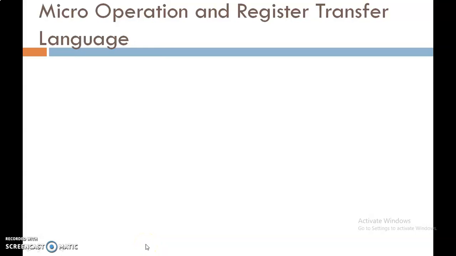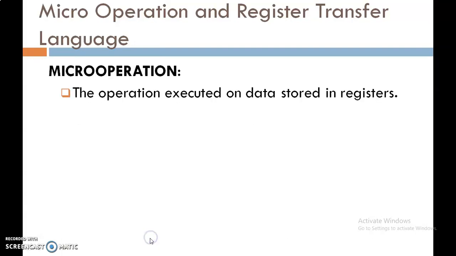Now next topic is micro operation and register transfer language. First of all, micro operation. A register holds data, and the operations executed on data stored in registers are called micro operations.